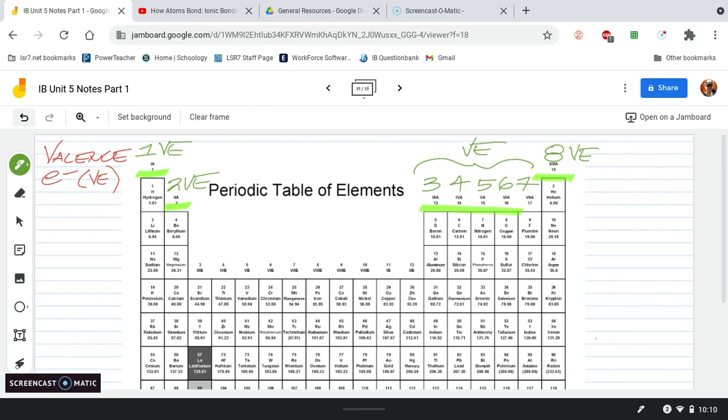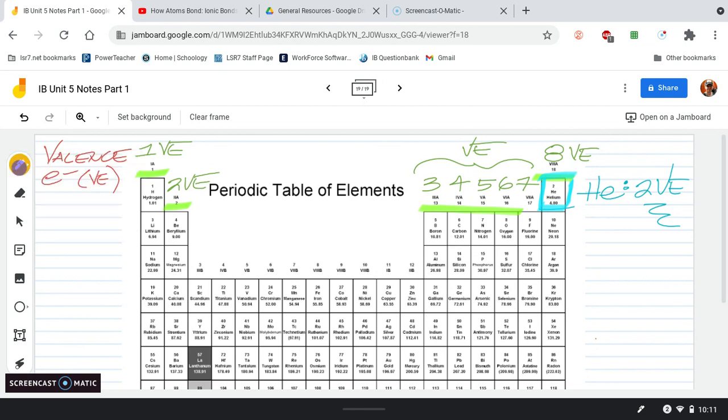Now, when we're looking at this, the exception that we have to remember is helium, which is right here. Helium is the exception. So helium is only going to have 2 valence electrons. And so you can see, why do we call it the octet rule?